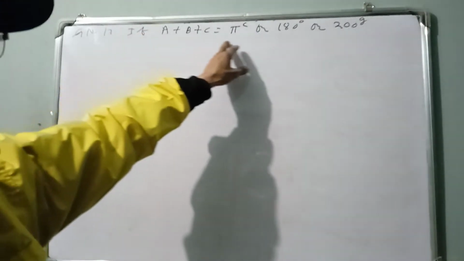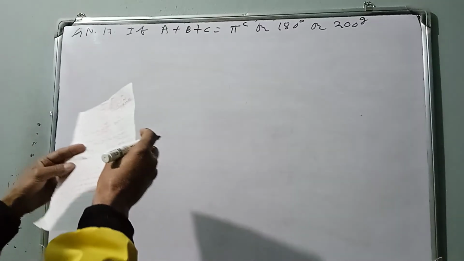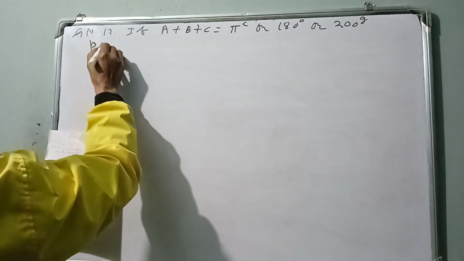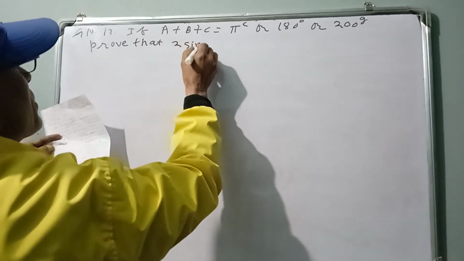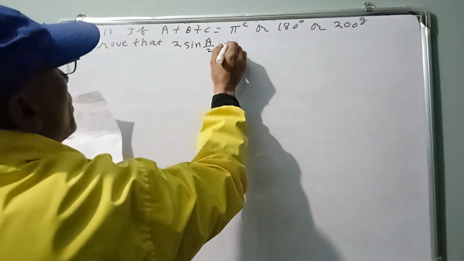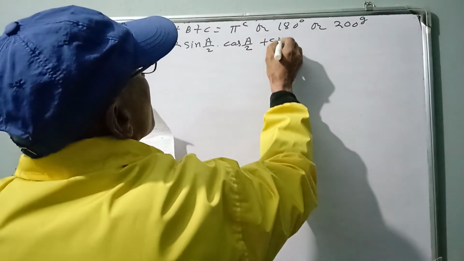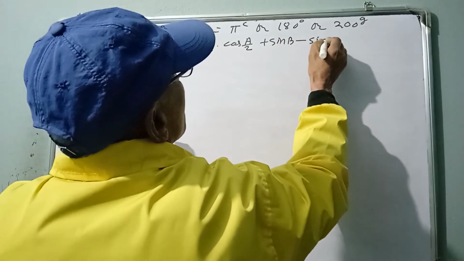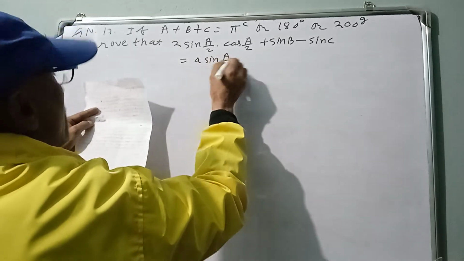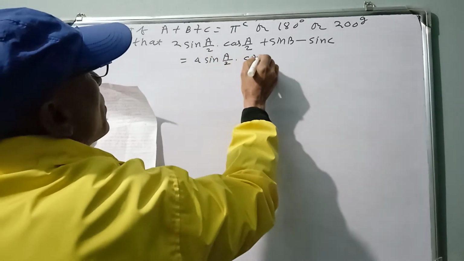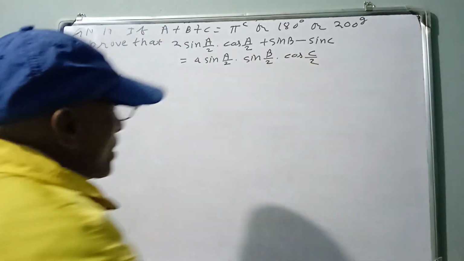Or if A, B, C are the angles in a triangle, then prove that sin A plus sin B minus sin C equals 4 sin A by 2 sin B by 2 cos C by 2.